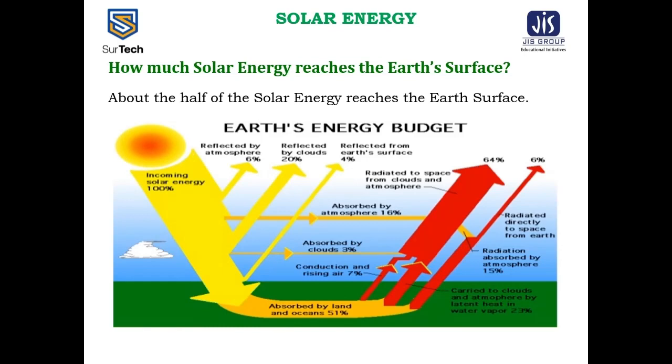Of that, 64% is radiated to space from the clouds and the atmosphere, and 6% is radiated directly to space from the Earth. So this is the solar energy distribution. Some energy is absorbed by the Earth and some energy is reflected from the Earth.